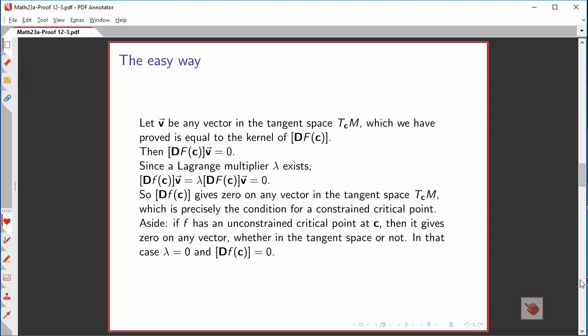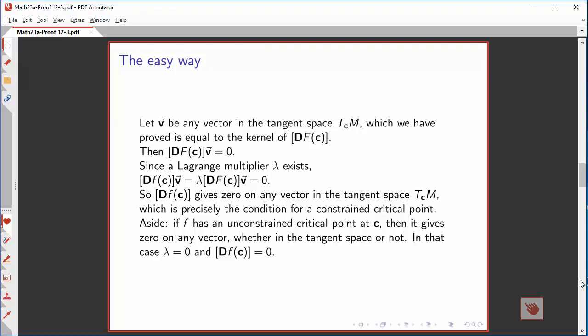There's a curious special case here. It's possible that f might have an unconstrained critical point at C. It could be, for example, that even if you went straight up or straight down into the Earth, the temperature would not start to change.